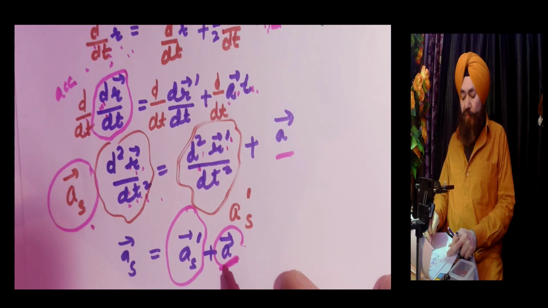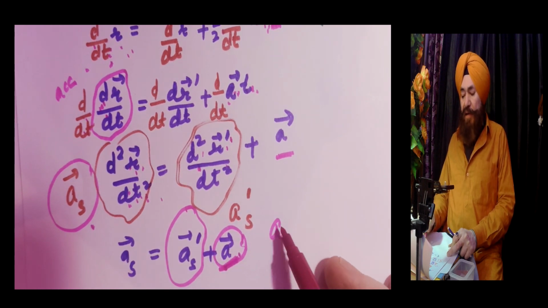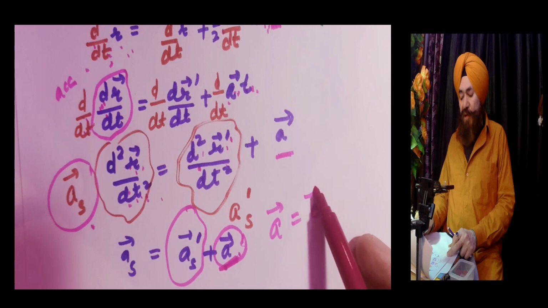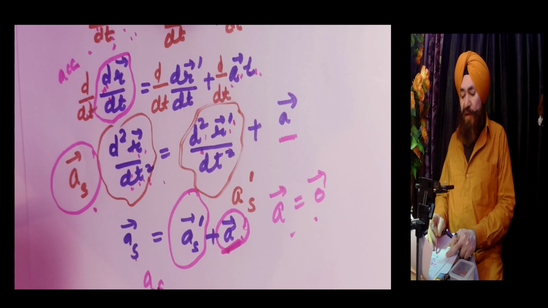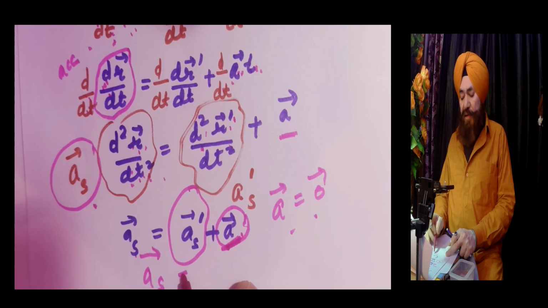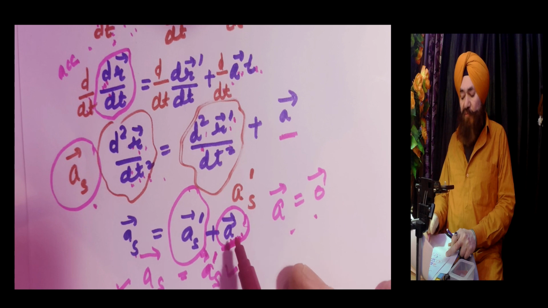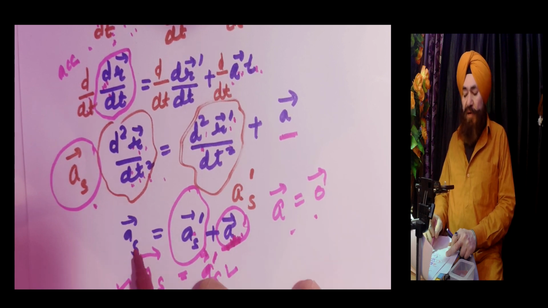Okay, if the frame is not accelerating, if a equal to 0, meaning the frame is not accelerating, then there will not be any difference between the particle you observe in S or S dash. The acceleration will be the same. If the frame is not accelerating, then no difference.